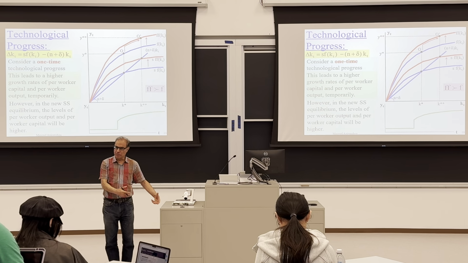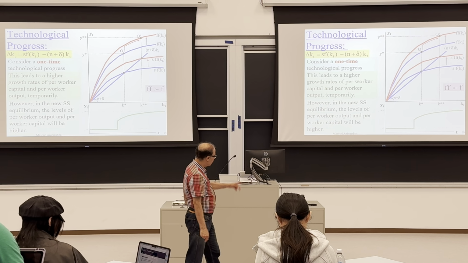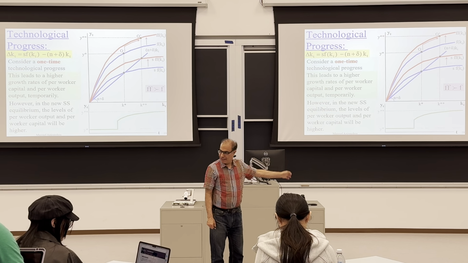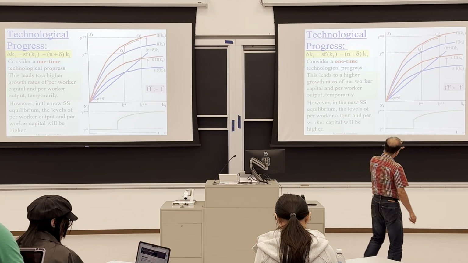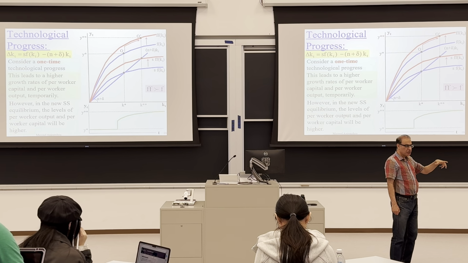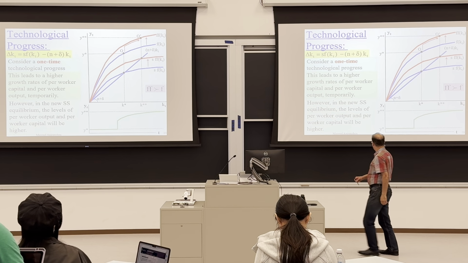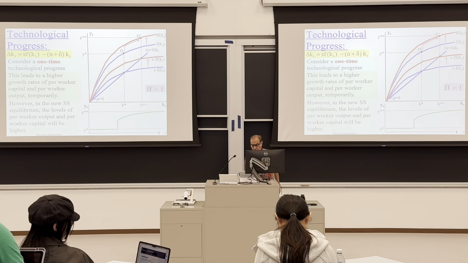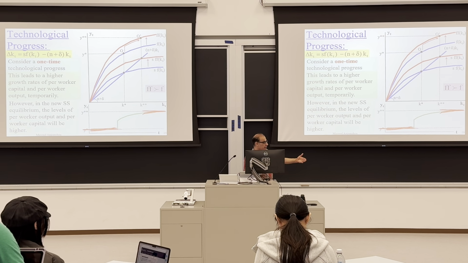Okay, he talked about this. But even if technology can get better, it still has a problem. We went from O to O prime. At O, the growth rate of output was 0. Eventually, the growth rate of output becomes 0 again.